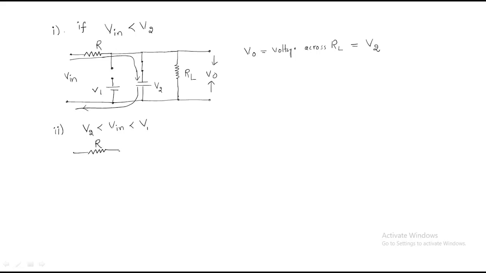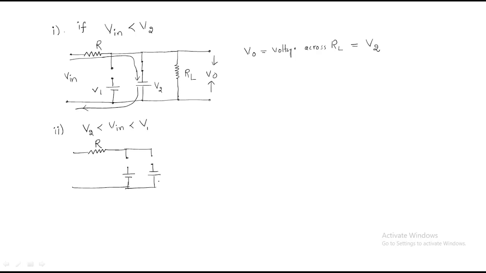This resistance and this diode are both open circuited. Diode 1 will be open circuited, and this is also open circuited.